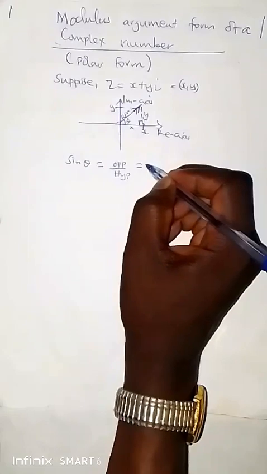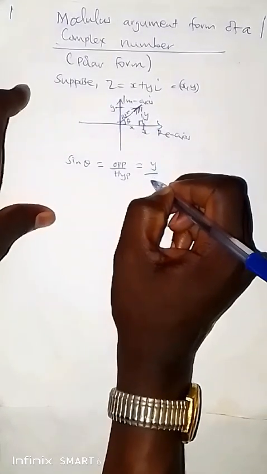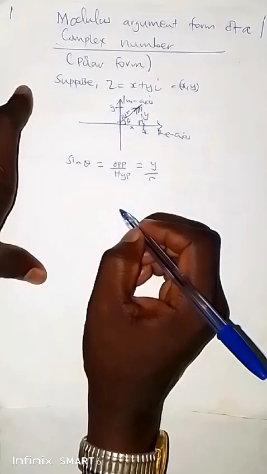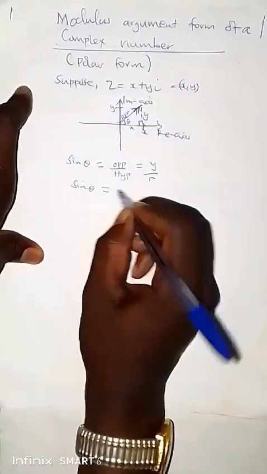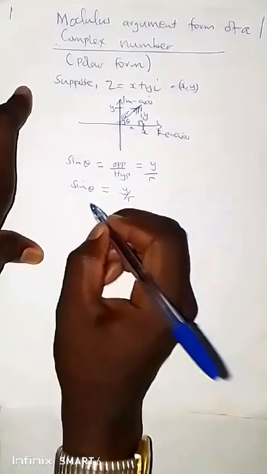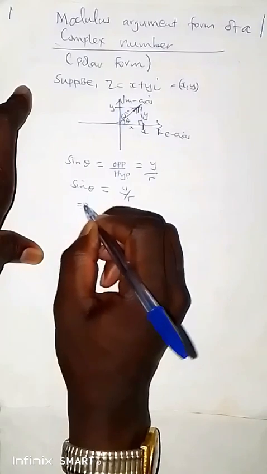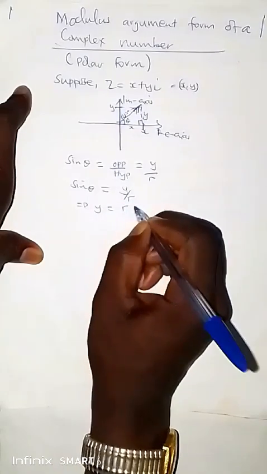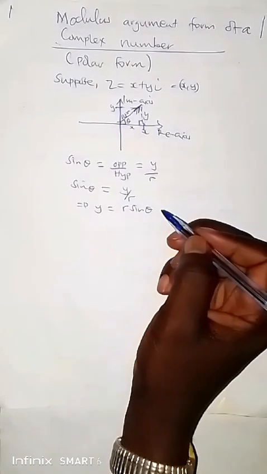So our opposite is y over the hypotenuse, which is r. So if sine of theta equals y over r, our y will be equal to r sine of theta. That's what we are having.